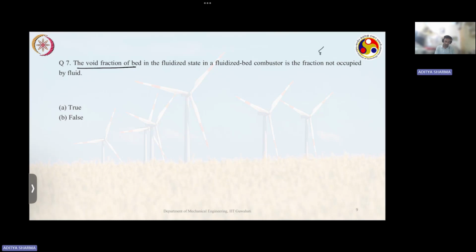The fraction of space in your bed that is not occupied by the fluid. So whether this is true statement or not.